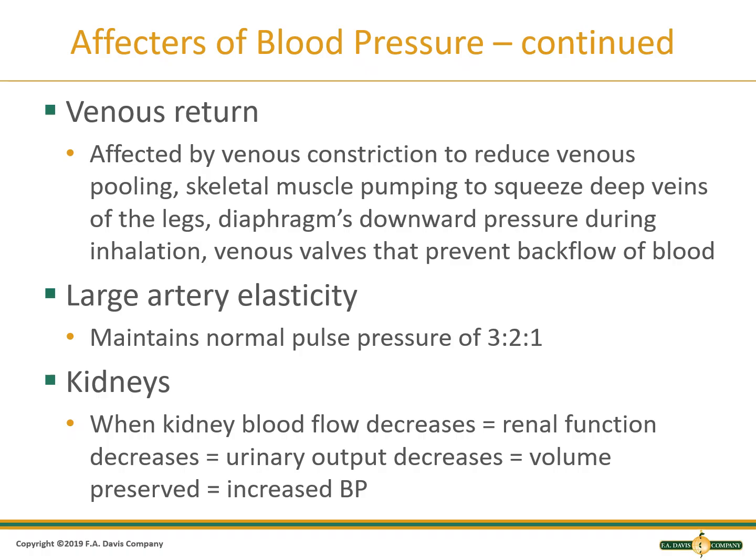So that ratio that is maintained for normal pulse pressure is 3 to 1. And with large artery elasticity, you cannot help but think about things like arteriosclerosis and atherosclerosis, where there is hardening of the arteries where they will not stretch and dilate appropriately, as well as plaque buildup inside of the arterial walls.